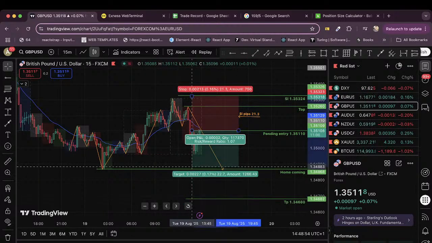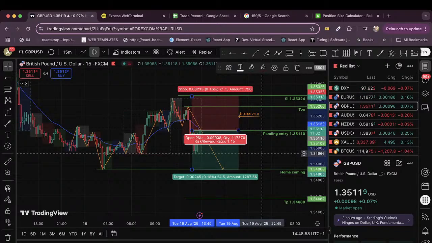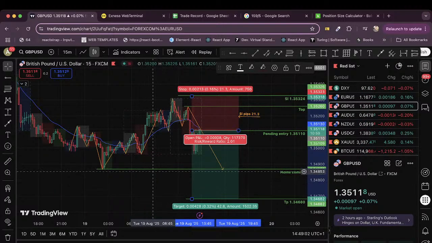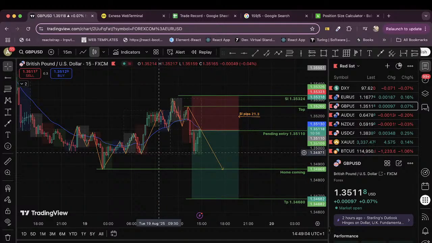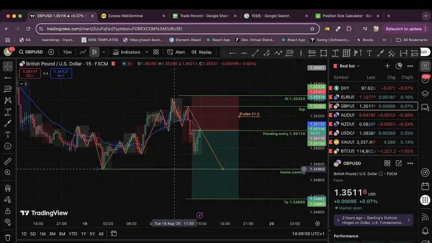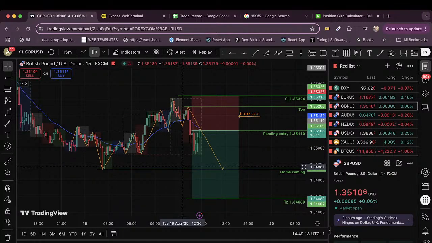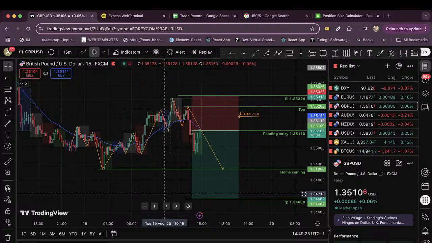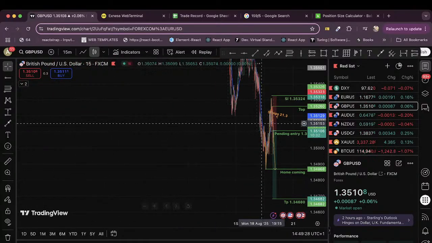So if price should reach that homecoming, we'll be seeing about 1 to 1.15 depending, whereas on the other side, if price can get to that point, either we take partials or what we can do is move stop loss to break even with the expectation that price will race for the TP. And let me zoom out again.